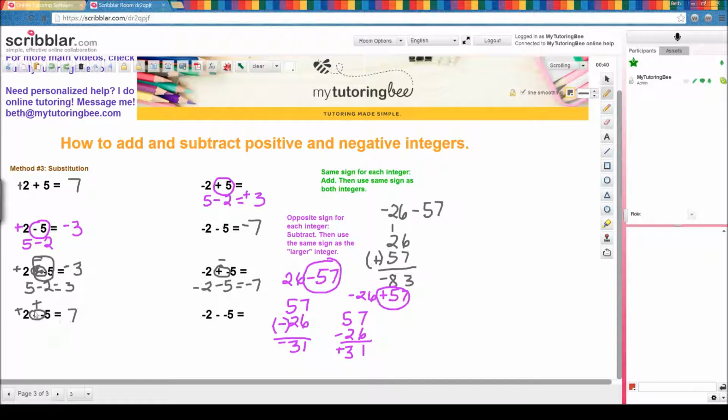Same signs, I'm going to add, and then my answer is positive because both of my integers are positive. And then finally, we've got, again, 2 negatives, make a positive here. So I've got a negative 2 and a positive 5. Opposites, think subtract. That's going to be 3. And then my 5 has the greater weight to it, so my answer is going to be positive.